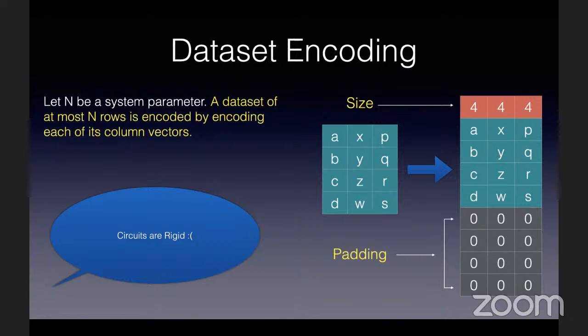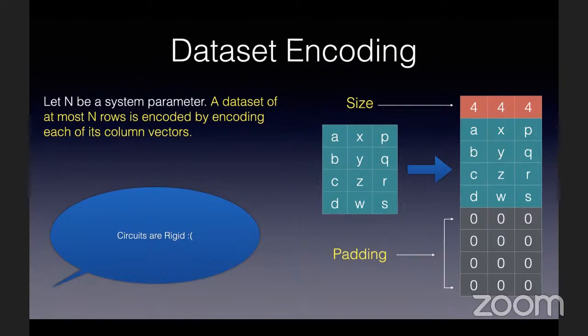So imagine all these entries on the right are some wires in the circuit, right? Because the circuit is rigid, it will be designed to support some maximum size of data. So let's say in this case, 8 is the maximum size. We map the actual data to the wires of the circuit. We will always have 8 wires, but the data can be smaller.